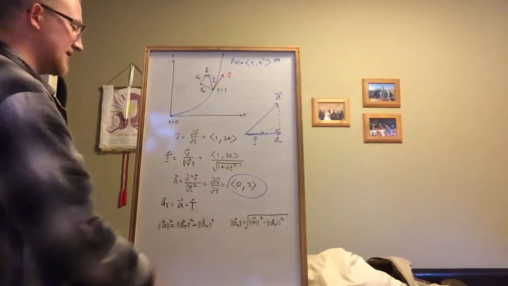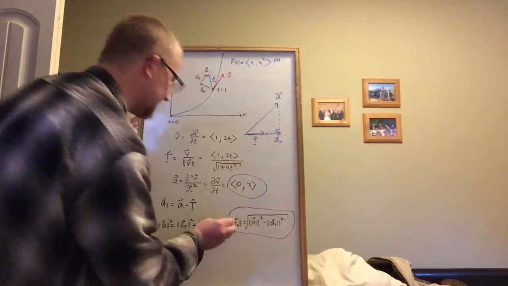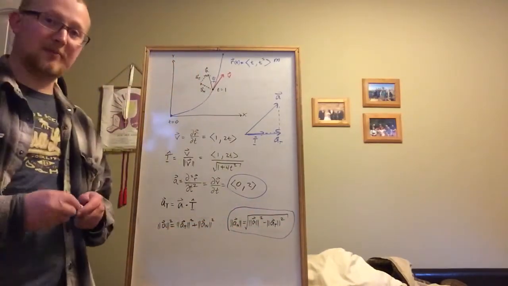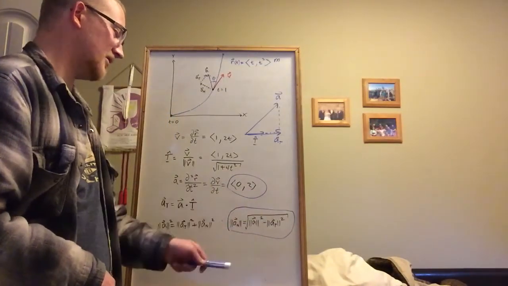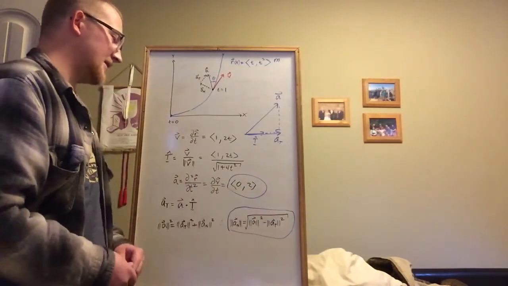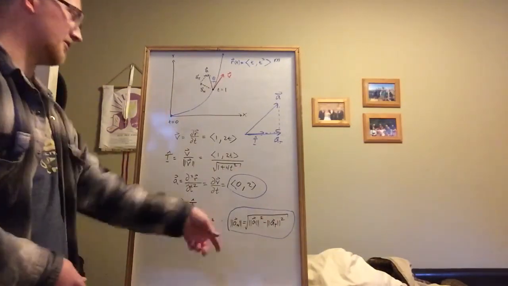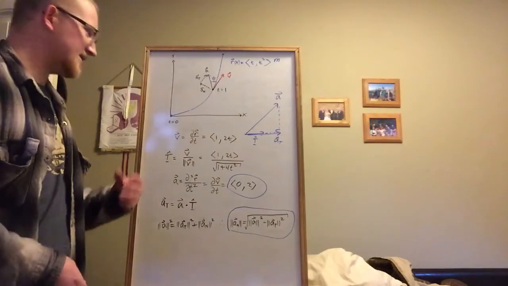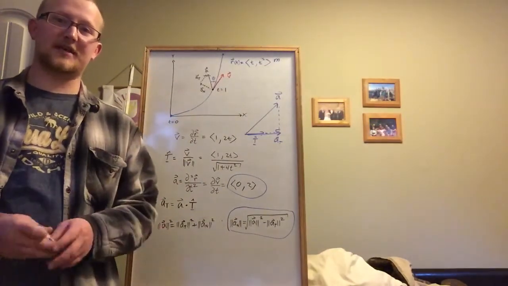Therefore, we can reorganize this and find that the normal acceleration, otherwise known as the radial or centripetal acceleration, is equal to the square root of the magnitude of a squared minus the magnitude of a_T squared, acceleration tangential squared, all under the square root. And so I hope this clears it up for cases where there is tangential acceleration.